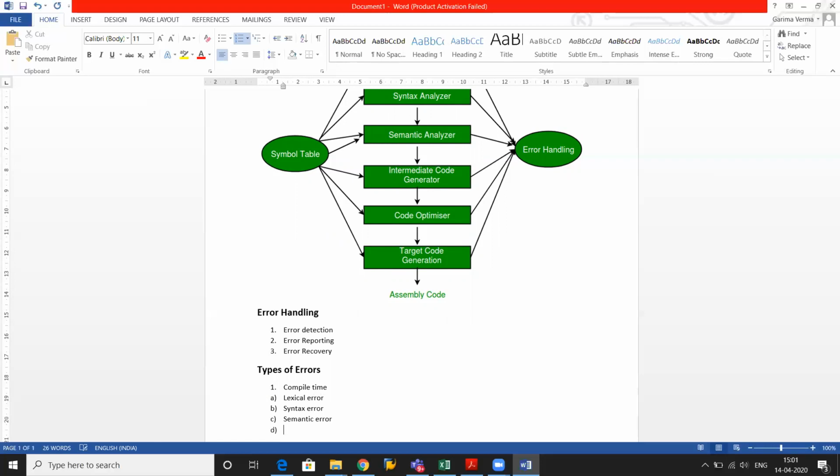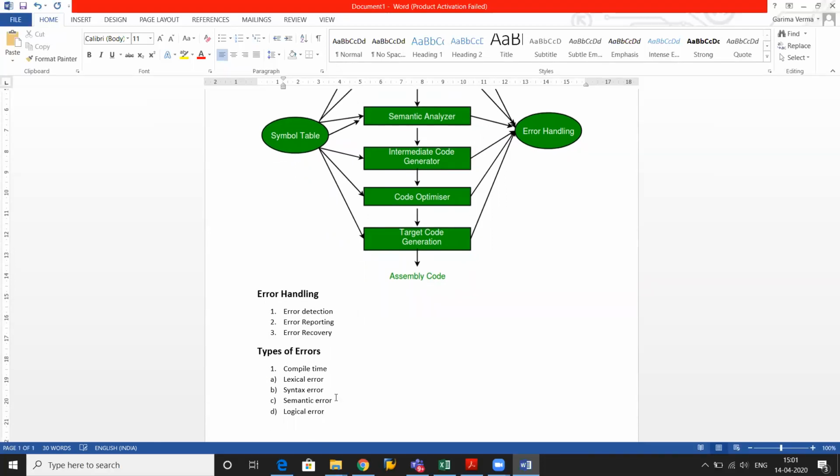Apart from that, there is one more error that we can take into consideration, called a logical error. Although logical errors can be identified only by the programmer after the completion of the execution, we'll consider logical errors also, right? So one by one, we'll take all the error types at compile time. We are covering only compile time errors, right?